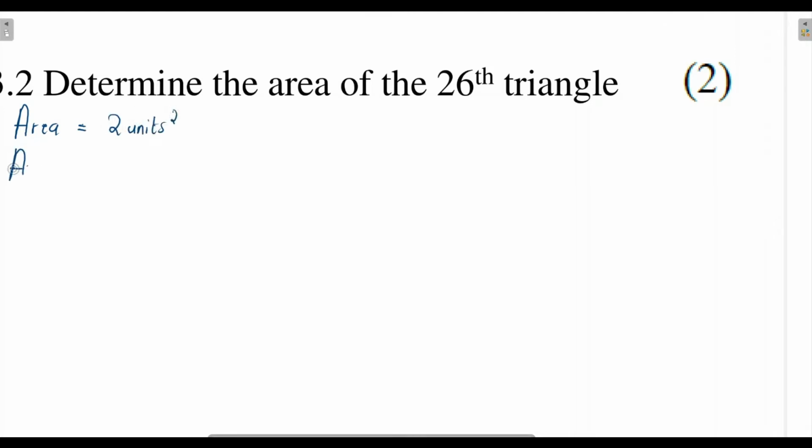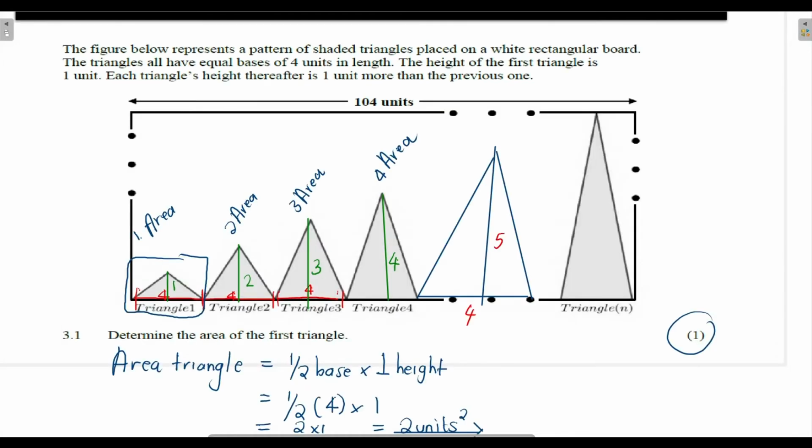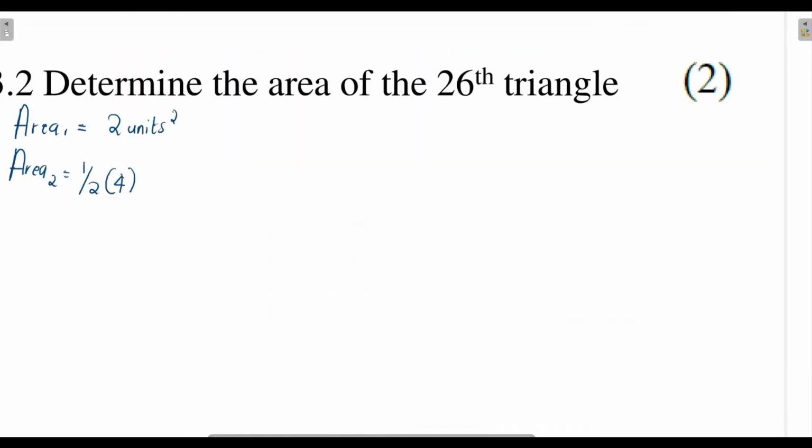Area of triangle 2 is still half. What is your base for triangle 2? It's still 4. And what is your height? It's 2. Area for triangle 3, what is your base? It's 4. What is your height? It's 3. And then your area for triangle 4, what is your base? It's 4. What is your height?